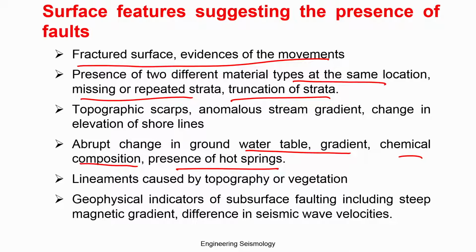If you see all these irregularities, it indicates that some kind of geological disturbance is happening in that area. Lineaments are caused by topography or vegetation. Geophysical methods indicate subsurface faulting, including steep magnetic gradients and differences in seismic wave velocity.